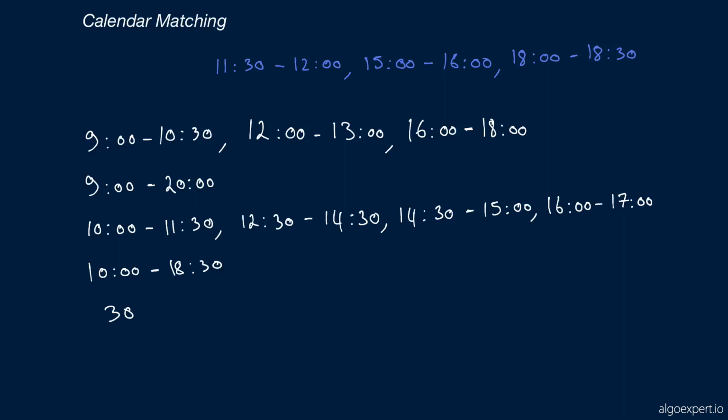So basically, if we had a calendar that gave us all of the blocks of time where at least one of you is unavailable, then we would be able to solve this question pretty easily.